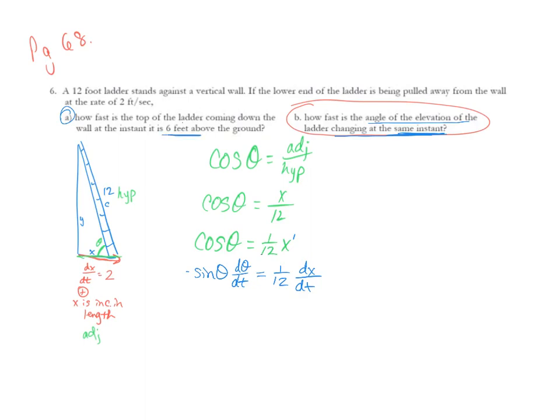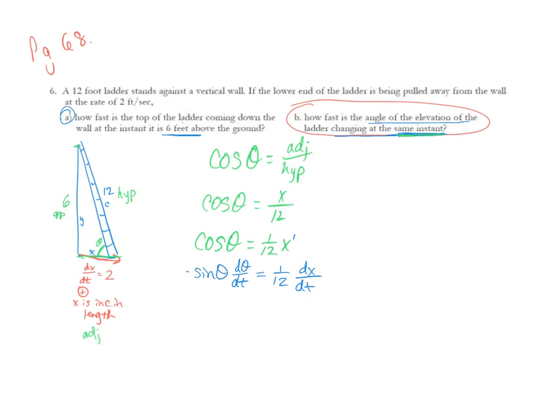So I want that same instant in part B. So that means I have 6 feet above the ground is where that ladder is. So that means that I actually do know my opposite side of this triangle as well, which is going to be very helpful for us, because right now I need to start plugging in for things that I know.